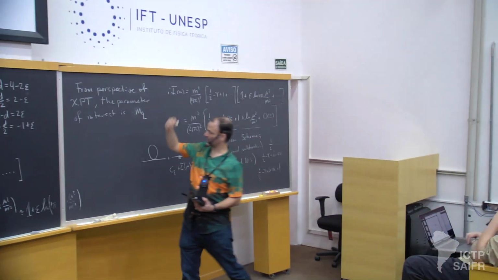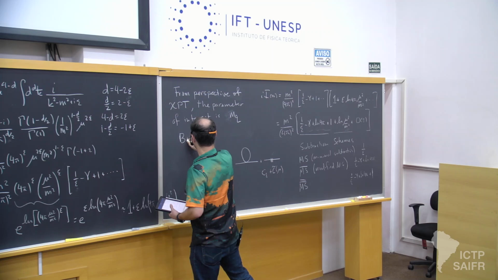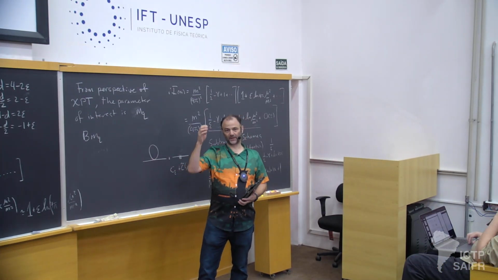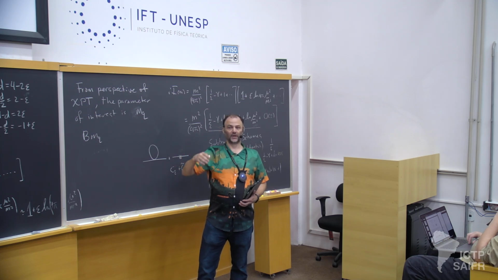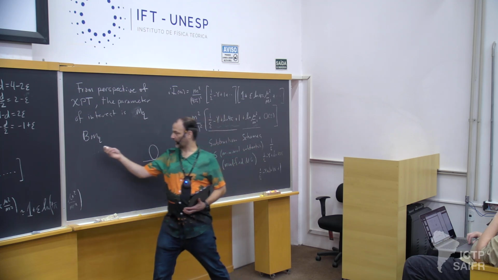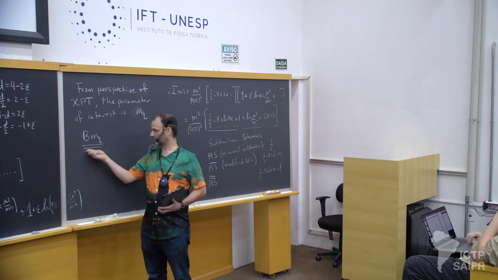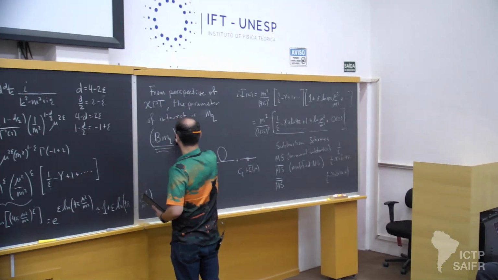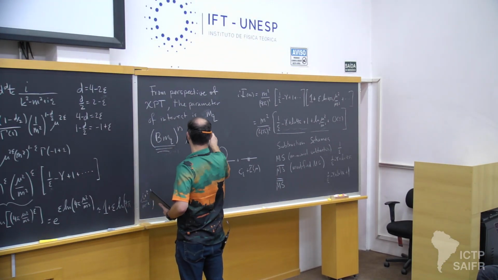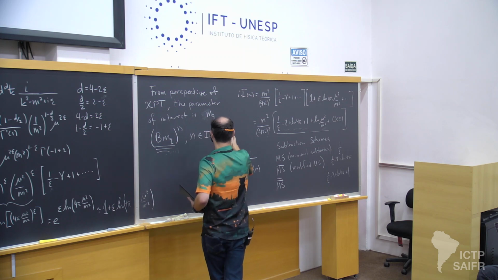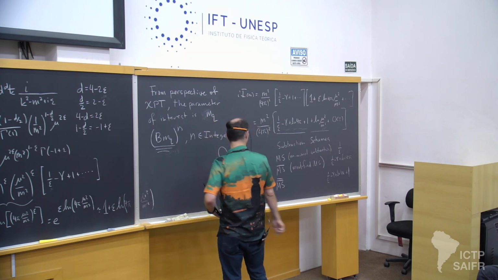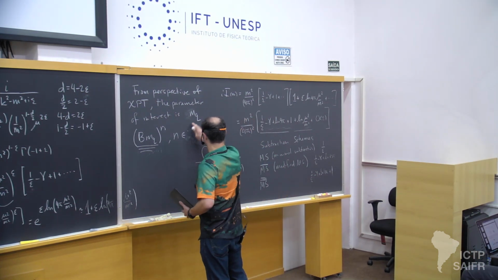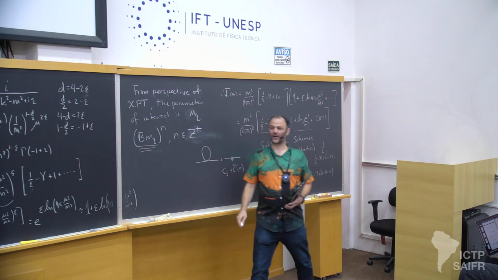And so in the low energy effective theory, this is this B m_q term that appears in the Lagrangian. So when you start matching QCD to chiral perturbation theory, the low energy effective theory will have operators that can be expressed with powers of B m_q, integer powers. So we can have (B m_q)^n, where n has to be an element of the integers. Positive integers. Z plus. Only positive integers.